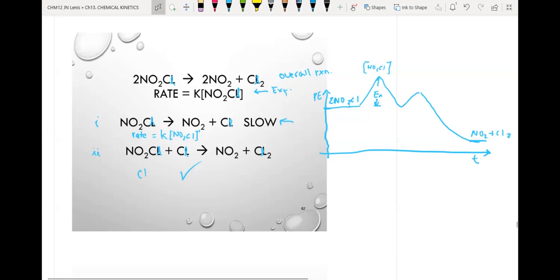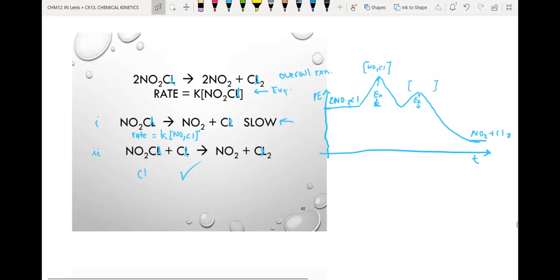All right, so this is the first step. The second step goes faster. We don't care about how much faster. So the hill is smaller because it has lower activation energy for the second step. You see, it's smaller than this, so it goes faster. And here the species working are probably these two for the activated complex there.